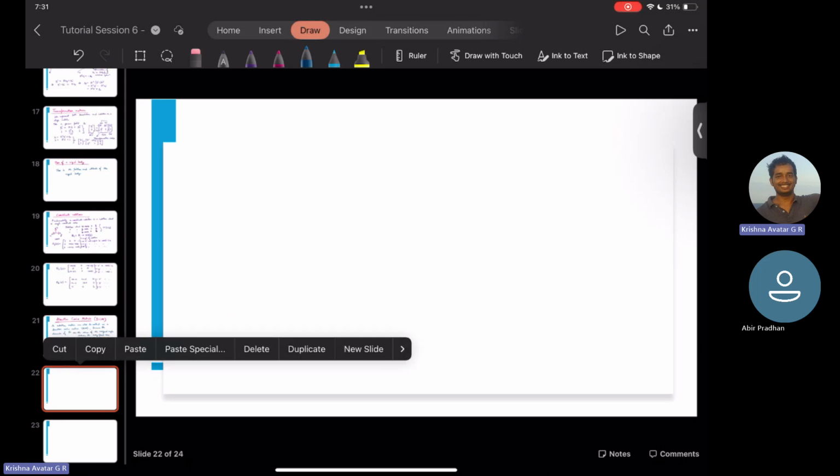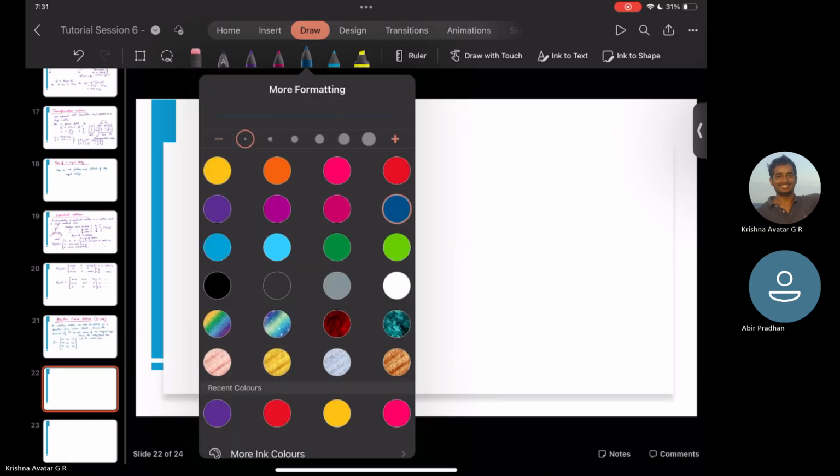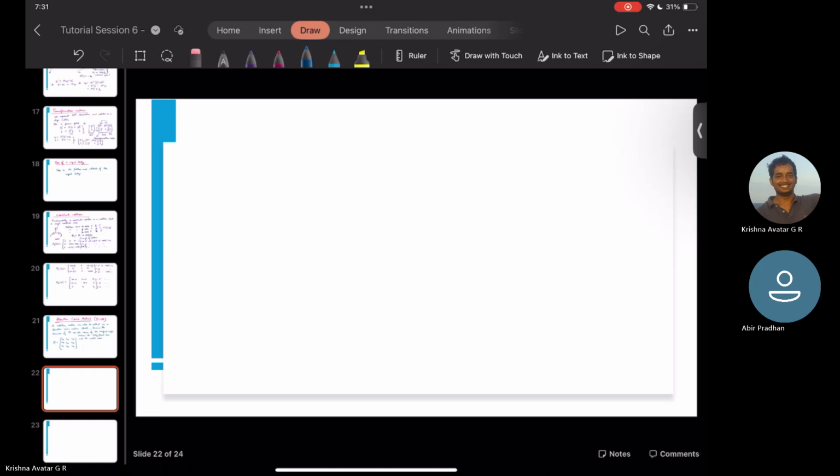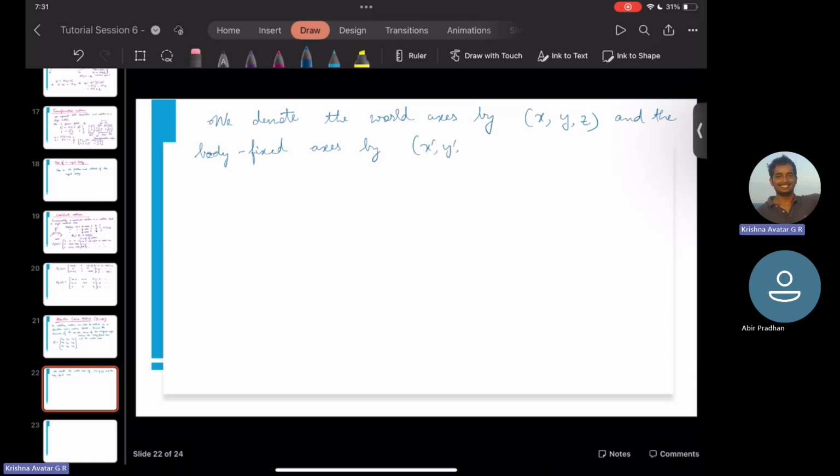Ideally, we denote the world axes by x, y, z, and the body-fixed axes by x prime, y prime, z prime.